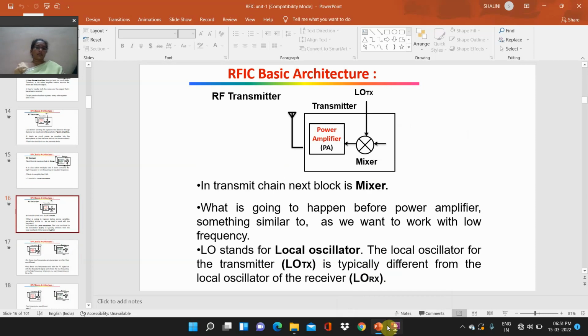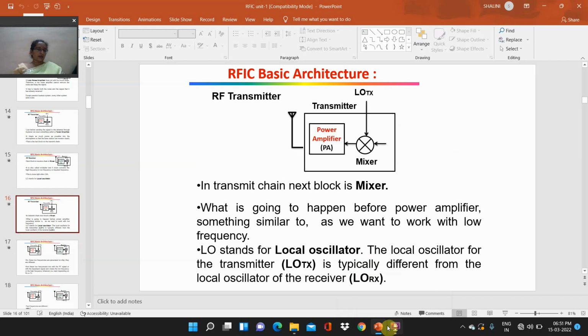So, the RFIC basic architecture, in particular the RF transmitter. What is the RF transmitter? In the transmit chain, the next block is the mixer. What is going to happen before the power amplifier? We want to work with low frequency.